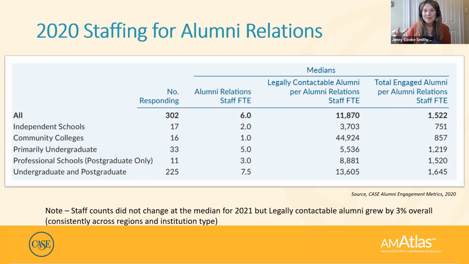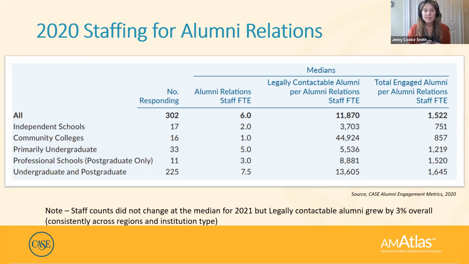Going back to our community colleges, of course those bars were much smaller, because on average we're seeing staff responsible for reaching out to 44,000 plus alumni. The last column puts this based on our engaged alumni versus our staff, and this is a lot flatter number. That's exciting to me because it shows that if we've got the right resources, we can really build towards some of these outcomes.